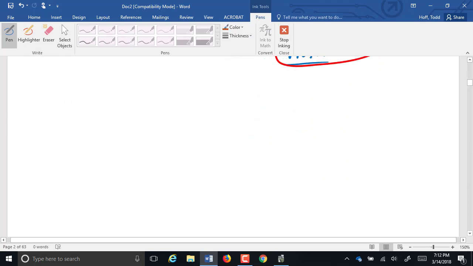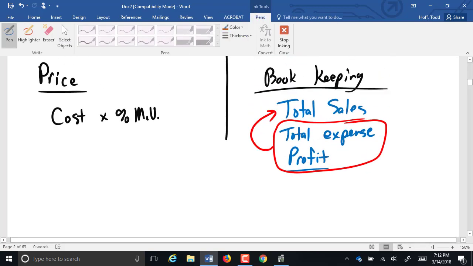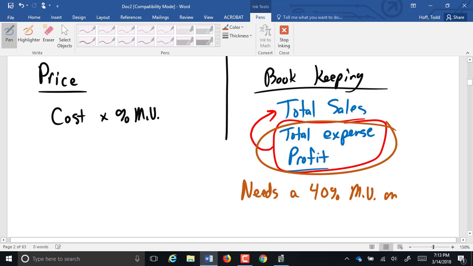So for example, let's say that we have a business that calculates, in order to cover its expenses and make a reasonable profit, it needs a 40% markup on the selling price. In other words, 40% of its total sales needs to be markup in order to cover those expenses and make a reasonable profit.